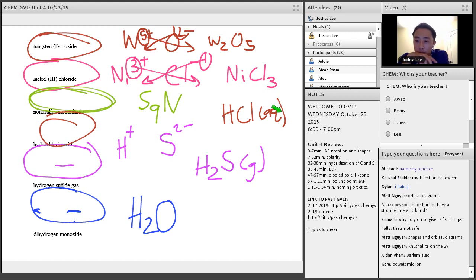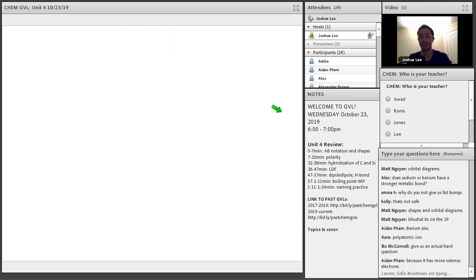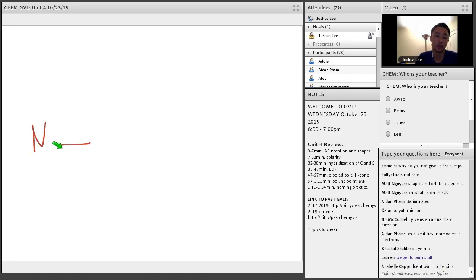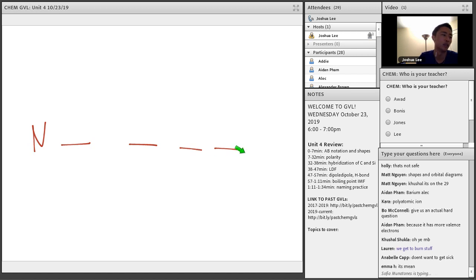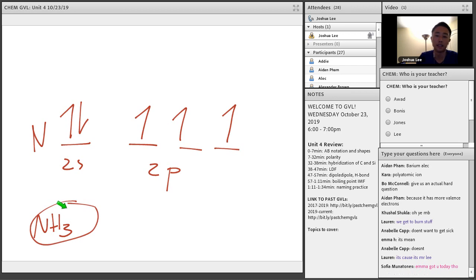Orbital diagrams. Why do you not give us fist bumps? You'll never know. All right, so orbital diagrams, like for nitrogen, you only care about the outer. Nitrogen is 2s, 2p, has 5 valence electrons. 1, 2, 3, 4, 5. So that to do NH3, since this is a covalent compound.